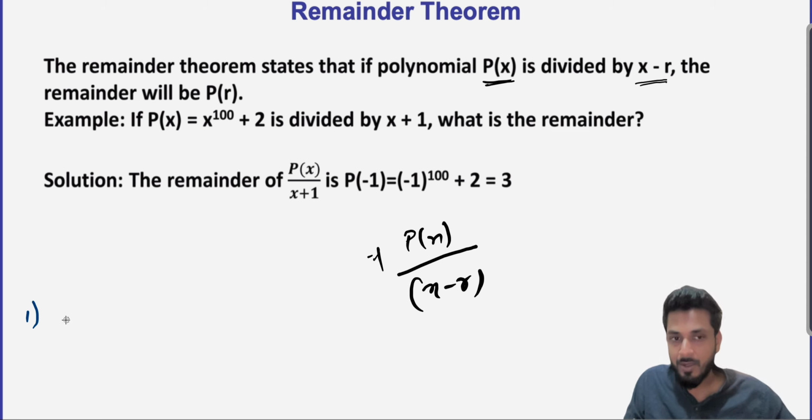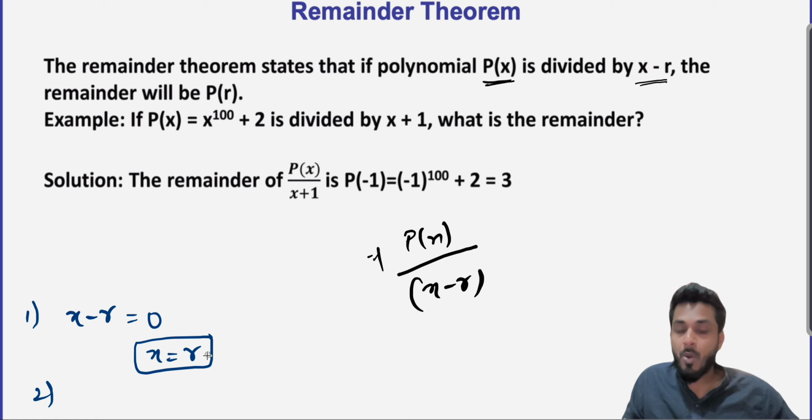First step is to take the divisor, which is x minus r. Now equate this divisor to 0 and find the value of x. In the second step, whatever value of x you get in the first step, substitute that value in p of x.